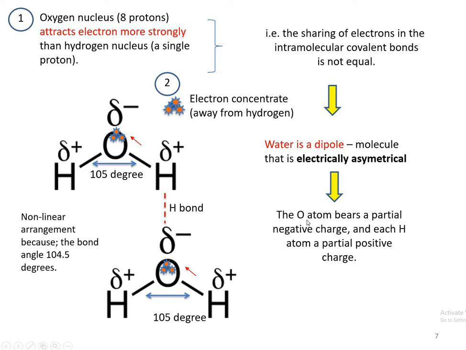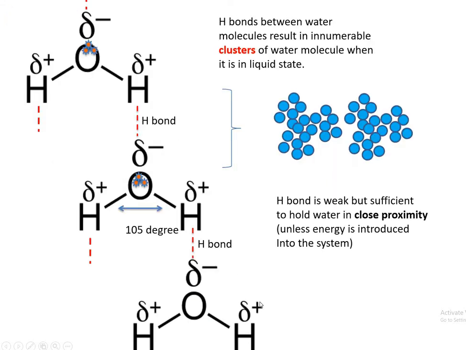Yeah, the oxygen atom bears a partial negative charge, and the hydrogen atom bears a partial positive charge. And because of that imbalance in the electron concentration, it creates this angle of 104.5 degrees. Yeah, 104, not 105, but it's okay, small matter.